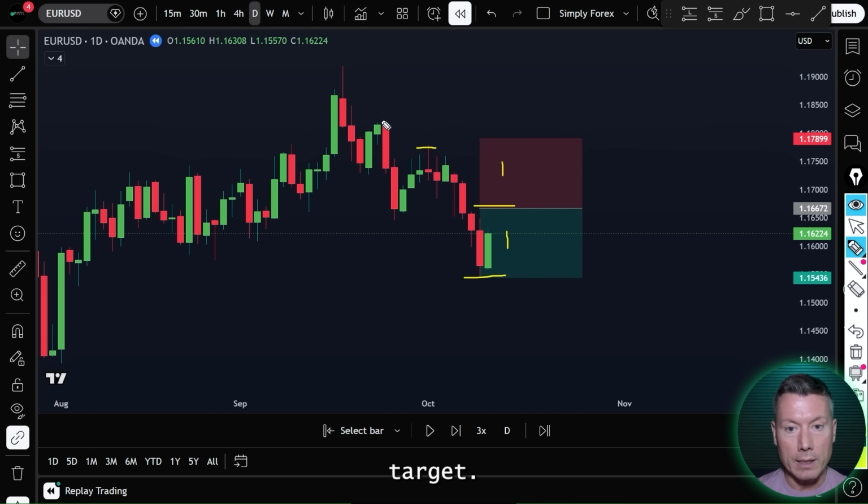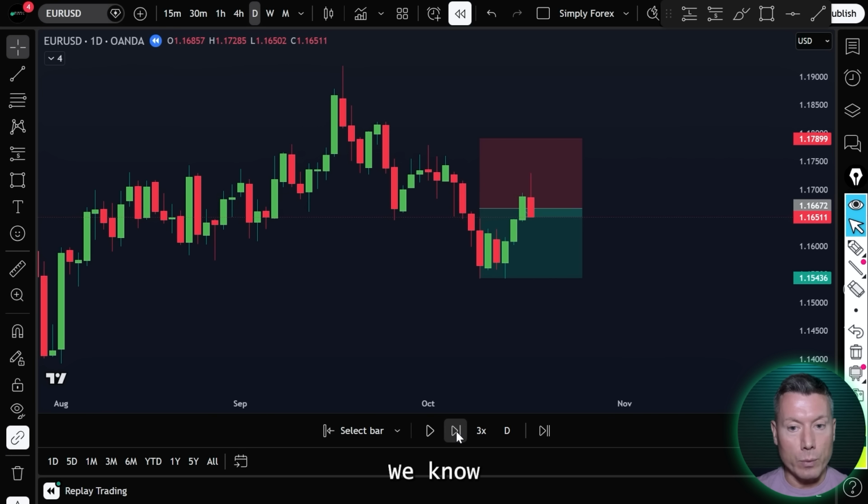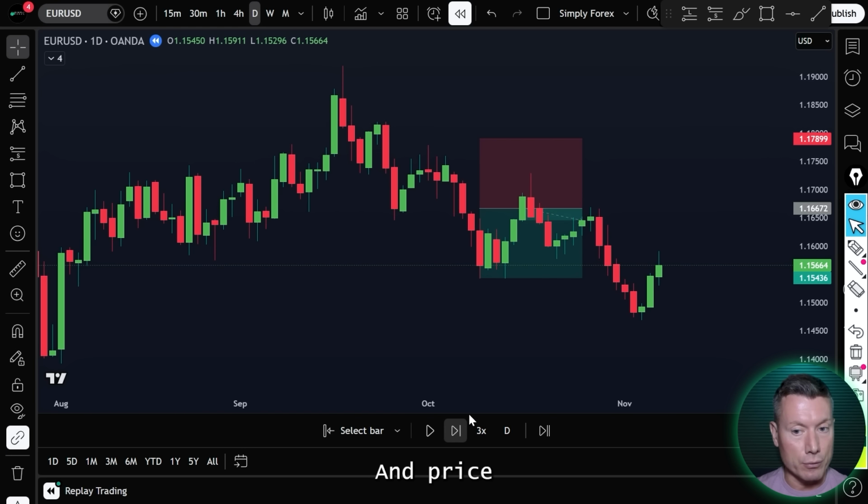There's your target. Your stop loss goes above this new swing high, right? But the more price pulls back into here, the better the risk to reward and the better the value. But I would still start selling from here and I could potentially build a trade. And again, guys, we know you could get a really nice risk to reward there and price comes down.